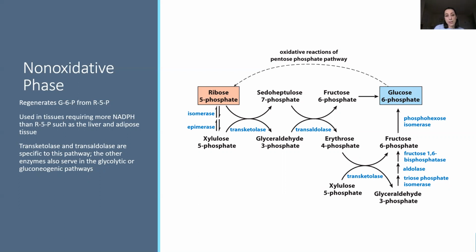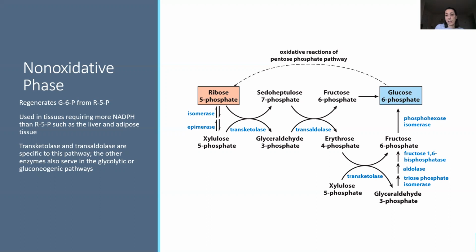Now, to do this, we're going to utilize a set of enzymes that are unique to this pathway. They're called the transketolases and transaldolases. These are specific to this non-oxidative phase of the pathway. But then our end products are going to feed back into our normal gluconeogenesis.